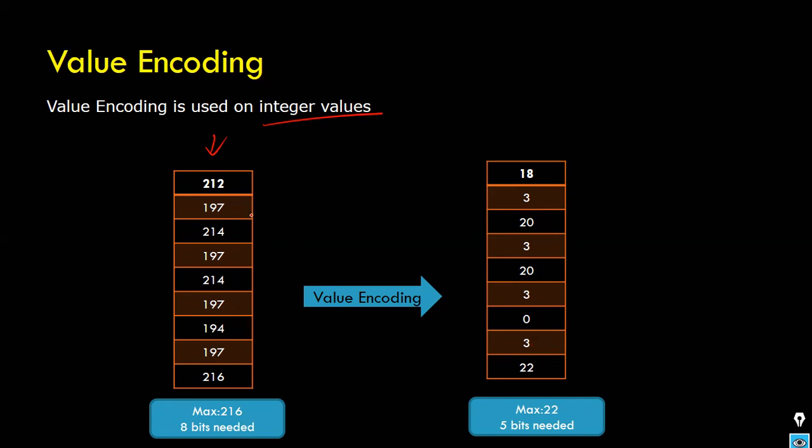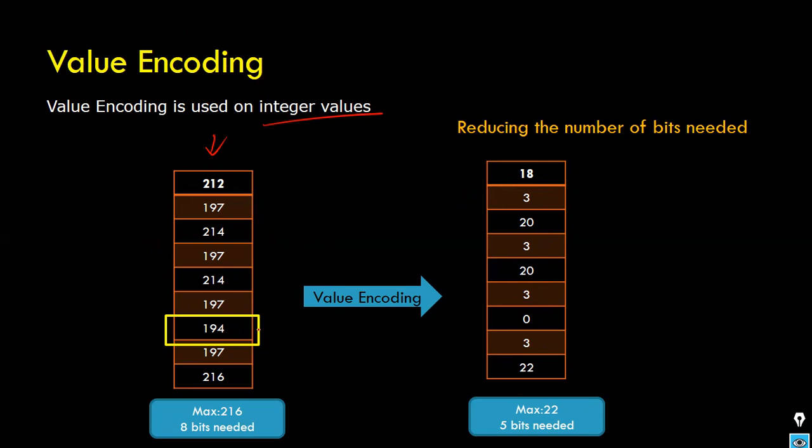It converted the 3 digit numbers into 2 digit or single digit. How is it possible? It takes the minimum value. What is the minimum value in this data set? 194. It subtracts 194 from each and every value. So 212 minus 194 is 18. If you add 18 back, you get 212, correct. And 197 minus 194 is 3.